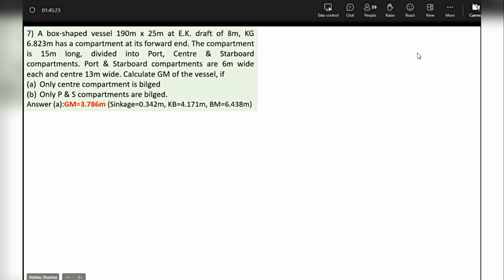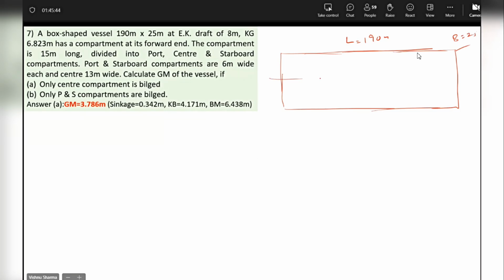I may have modified it here and there a little bit by taking it at the forward end. A box-shaped vessel 190 by 25 is at even keel draft of 8 meters. So let me make the diagram. Length 190 meters, breadth 25 meters, is at an even keel draft of 8 meters.